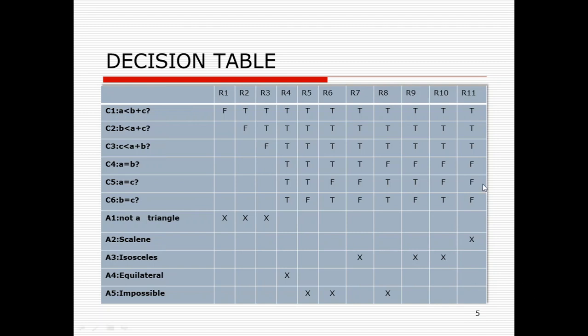If all three conditions are false, that means none of the sides are equal to each other: A is not equal to B, A is not equal to C, B is not equal to C. Then we have a scalene triangle.